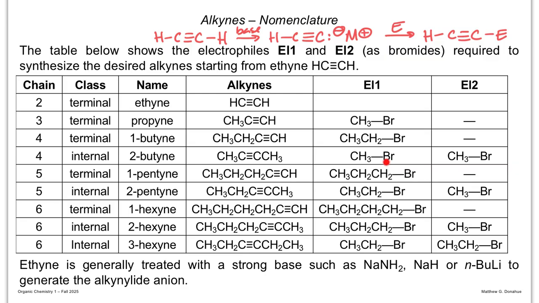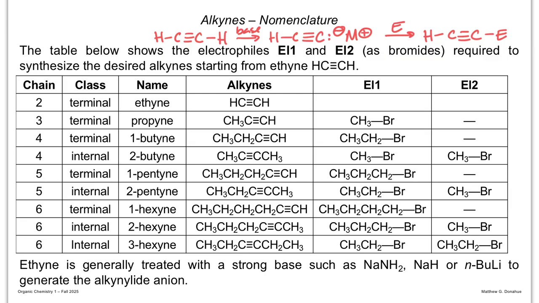Both of them in this case would be methyl bromide. When you get up to 2-pentyne, you can see that those electrophiles then have to be different. Any questions on that logic?